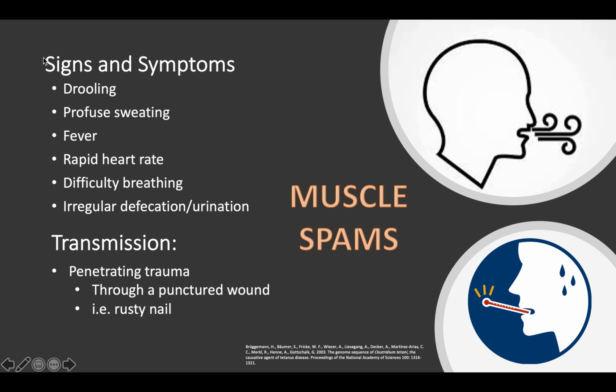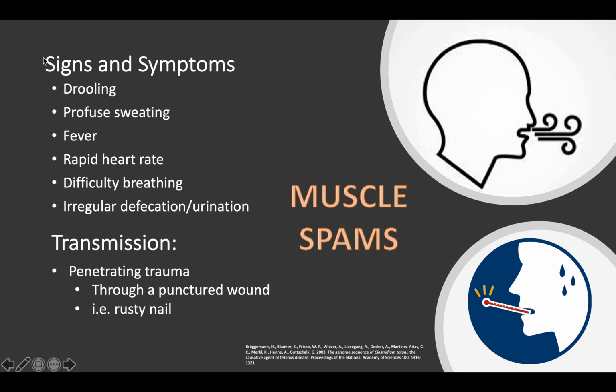Tetanus is extremely uncommon in the US and isn't really something that we have to worry about, as we have a tetanus vaccine available to us. But just because it's extremely uncommon does not mean that there are no cases of tetanus in the US.